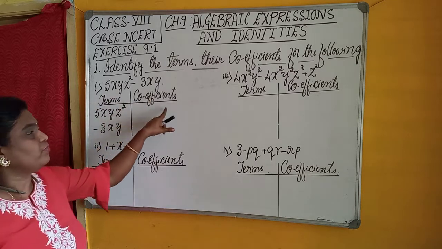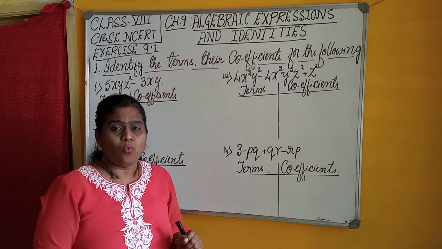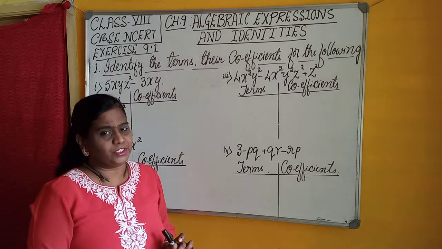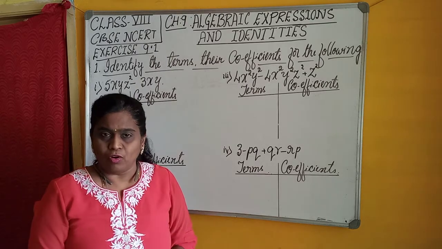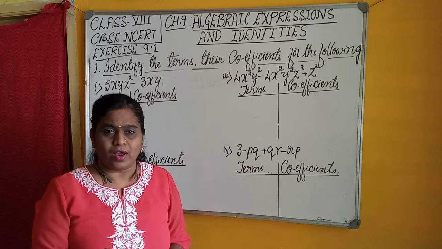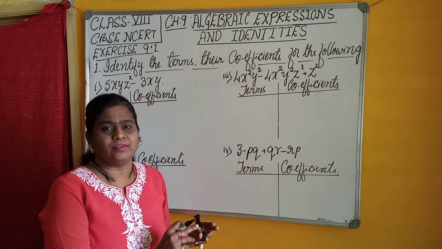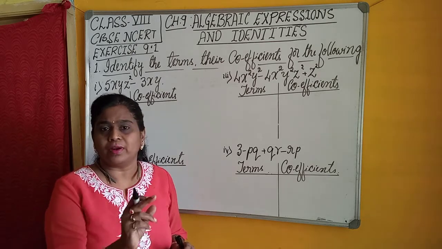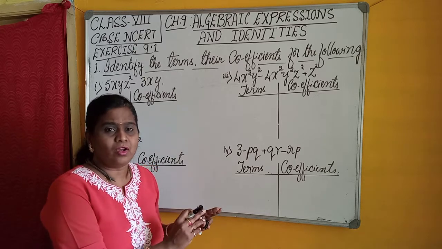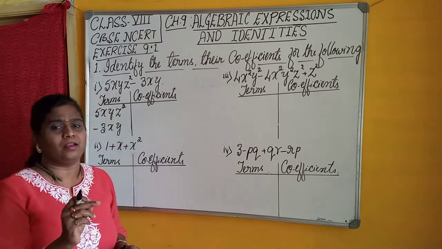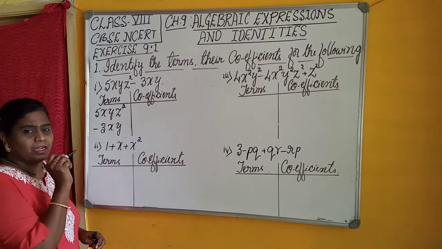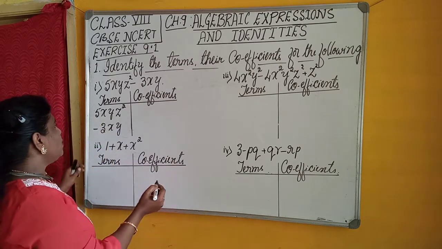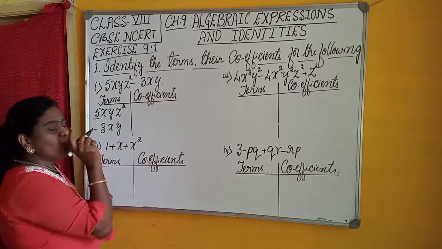Here you have to find the coefficients. What do we mean by coefficients? Coefficients are nothing but the numerical constant which is present in an algebraic term. In this first term, the numerical coefficient is 5.